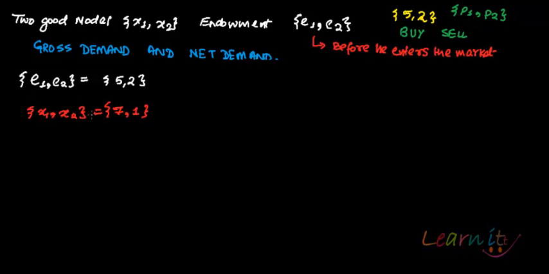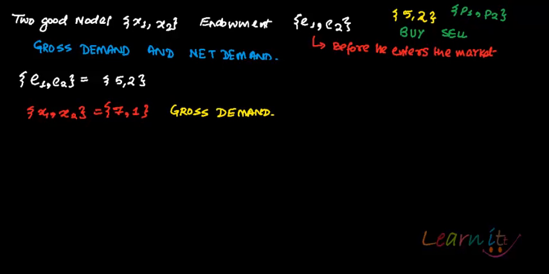This is my final demand vector. This is what I am ending my consumption with. This is what I am consuming finally, and this is what is gross demand. But in between something has happened.